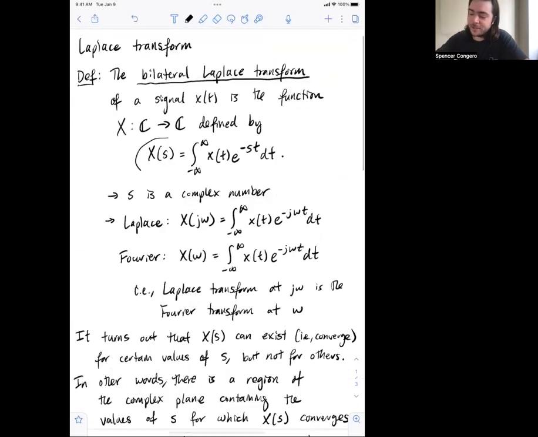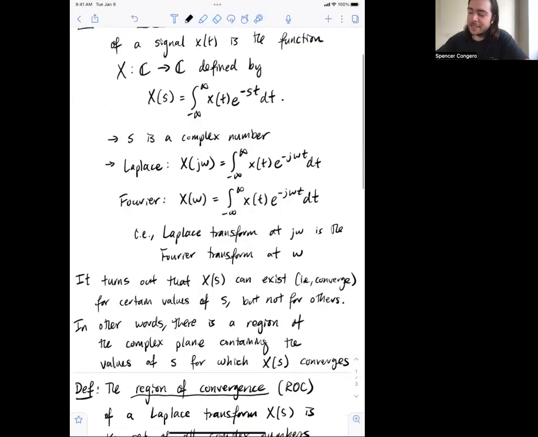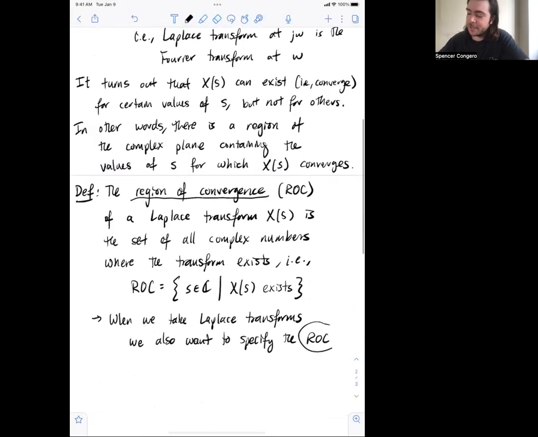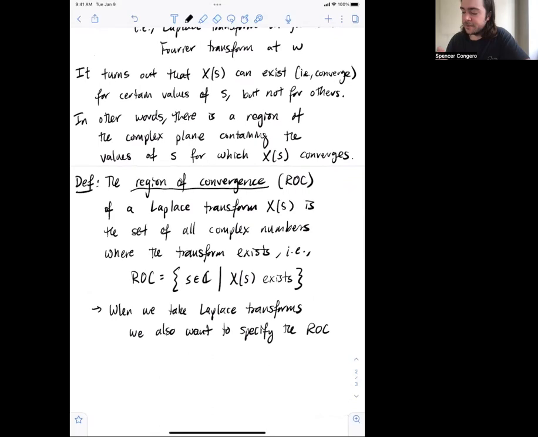They have the same function of s as their Laplace transform. And so the only way to distinguish them is by looking at the ROC. So we'll see examples of that in a future video. But yes, when we take the Laplace transform, we also want to specify the ROC.